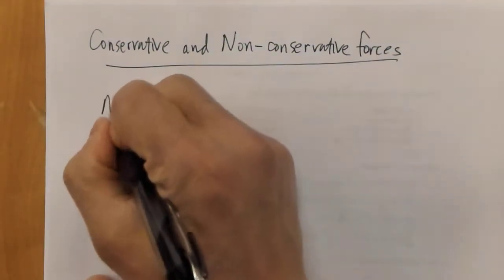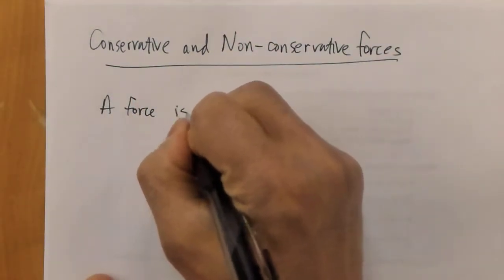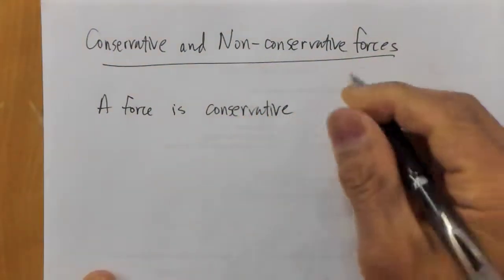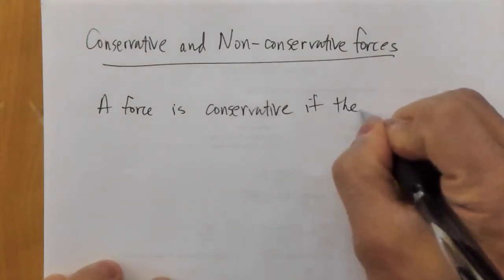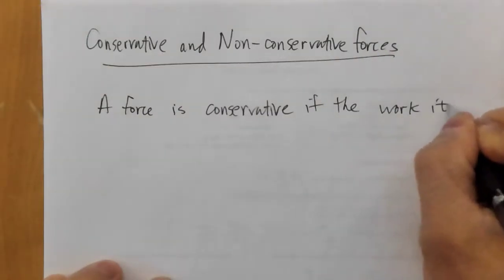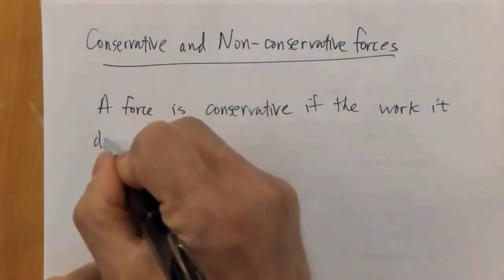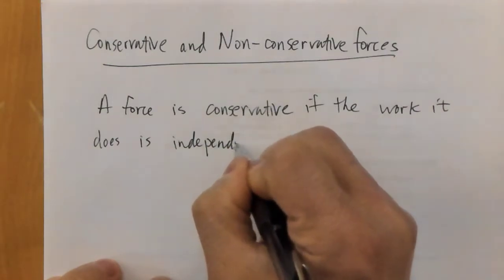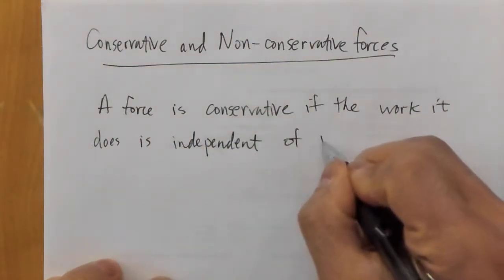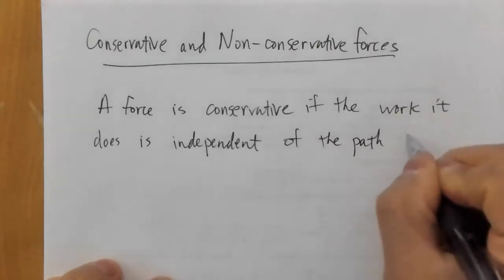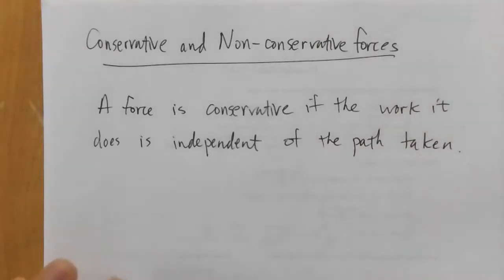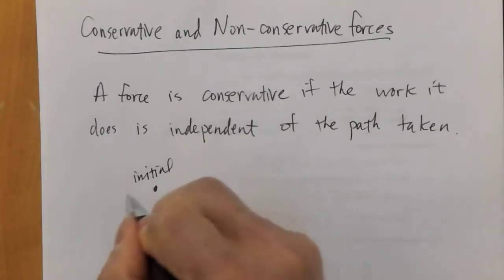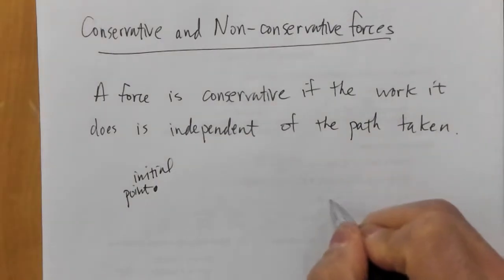A force is conservative, meaning it conserves something, if the work it does is independent of the path taken. So you fix the beginning and the end. Here's the initial point, and here's the final point.